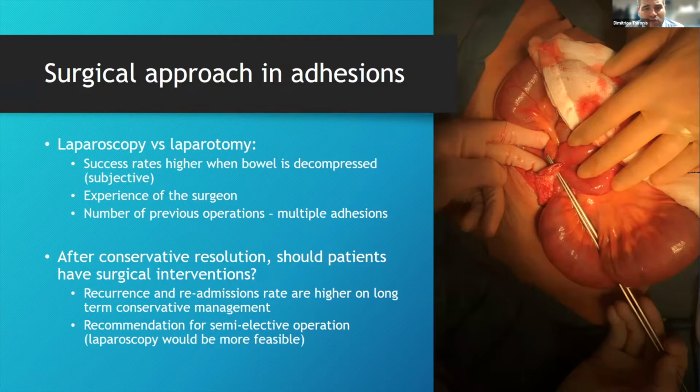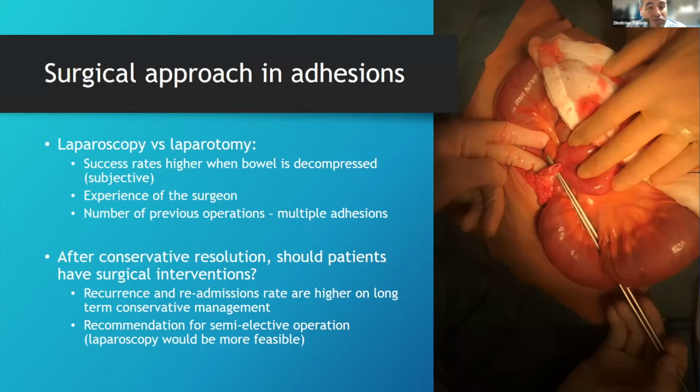But the decompression of the bowel is something very subjective, because we don't scan patients all the time to appreciate the dilatation of the bowel. So it's something that you appreciate on clinical examination. Here on the picture, you can see one of our patients that was operated on for a band adhesion. You can see it in the Douglas pouch, and she had a previous hysterectomy, and this was a band adhesion between the vaginal stump and the small bowel mesentery.